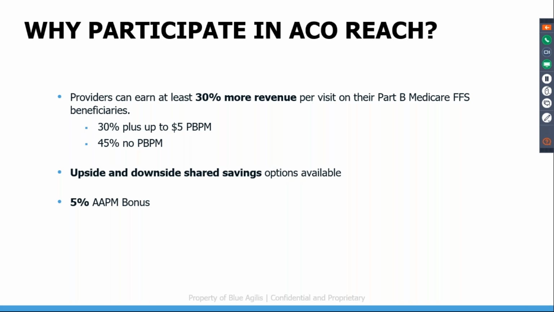That is a no risk option, but we do offer upside and downside shared savings options as well. And Clover Health is considered a QP or qualifying APM participant. So providers in this program are eligible for the 5% AAPM bonus.